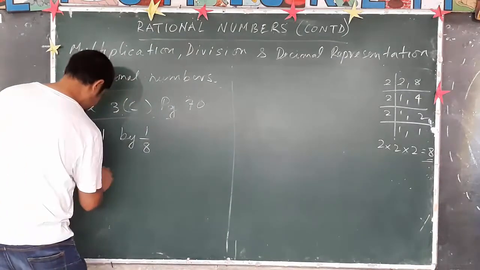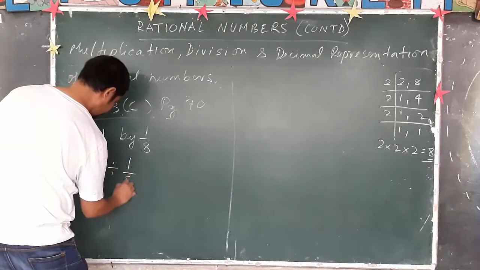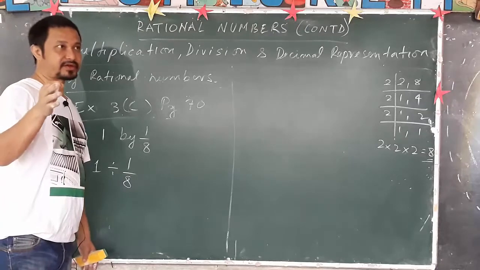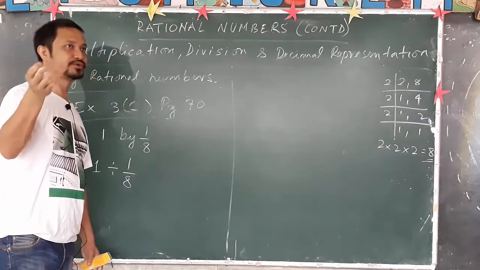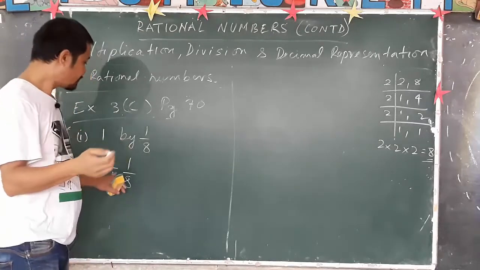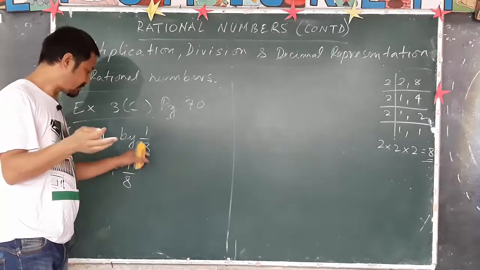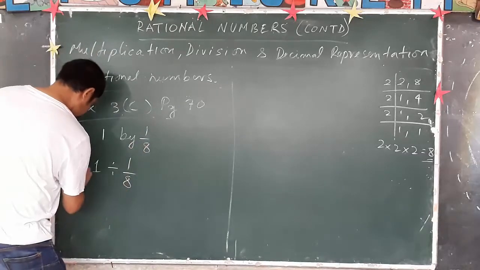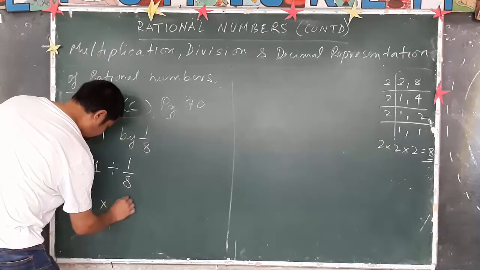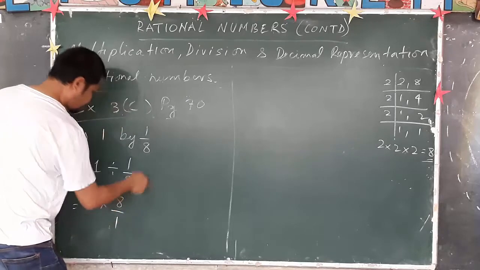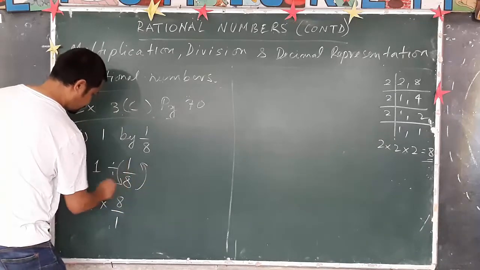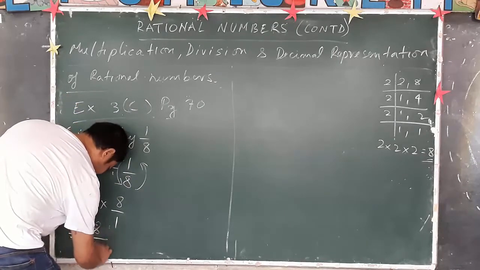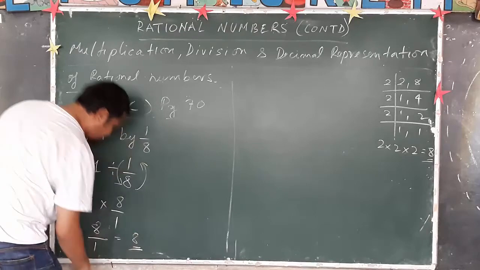Whenever division comes for rational numbers or fractions, between two rational numbers the division sign changes into multiplication and the second rational number becomes its reciprocal. So this will be 1 into 8 by 1. Goes up, comes down. So 8 upon 1 is equal to 8.